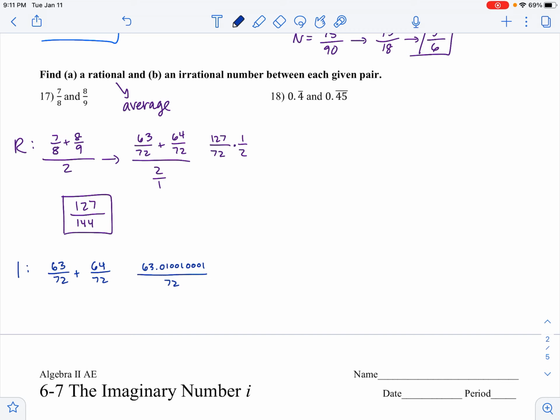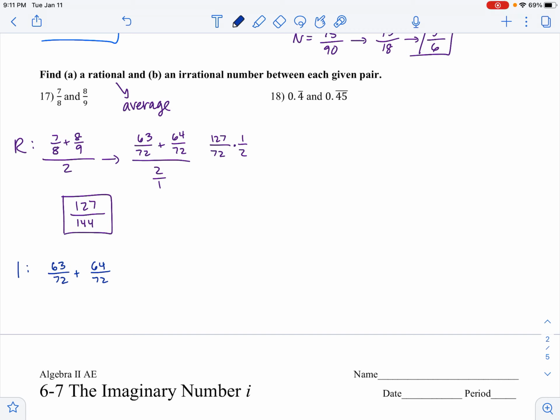So I don't actually really like that answer. That's not a very good one. I think what I might have to do instead is figure out what these are as decimals and then do something like what I was just talking about. Because if I mix those decimals together, then it's a little bit better.